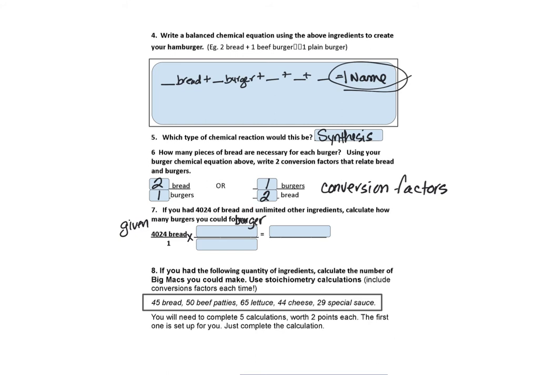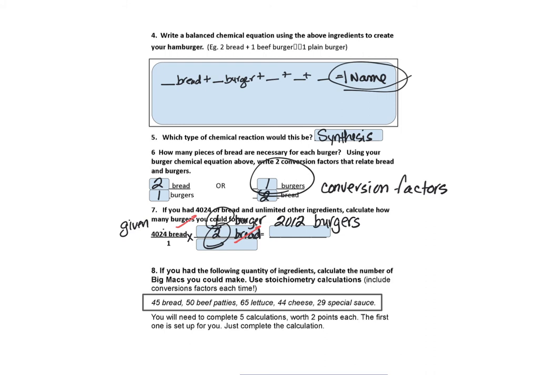So then bread would be here on the bottom, and our conversion was 1/2. The unit bread will cancel, which means the unit that I have left is burger. Now I take my given 4,024 times 1 divided by 2, which would give me 2012 burgers.